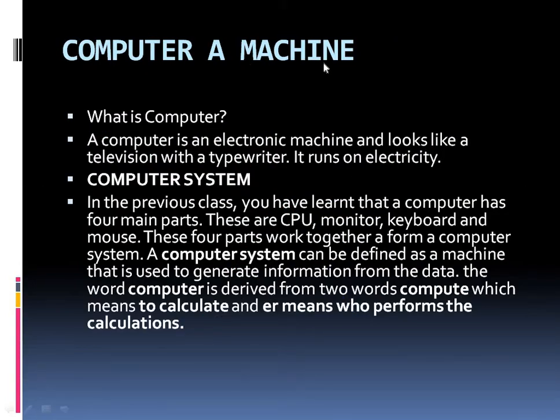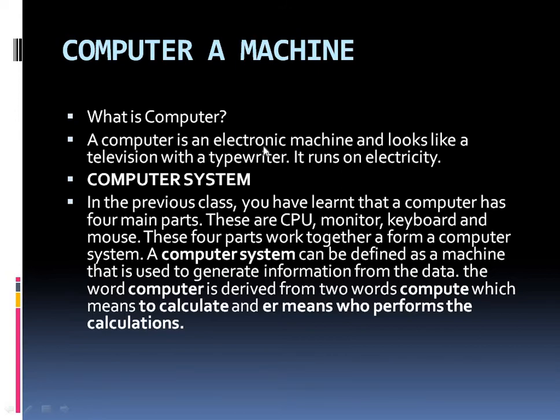Computer is a machine, but it is not a normal machine. It is a special machine. So how will you define a computer? See, first question, what is computer? A computer is an electronic machine and looks like a television with a typewriter. It runs on electricity.